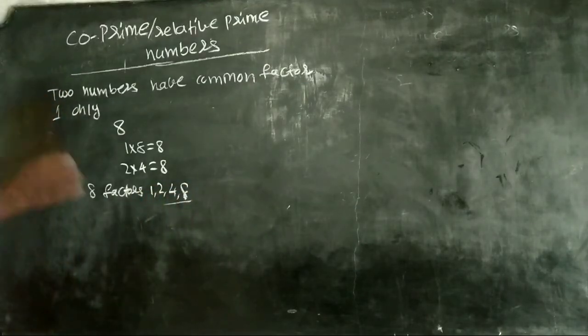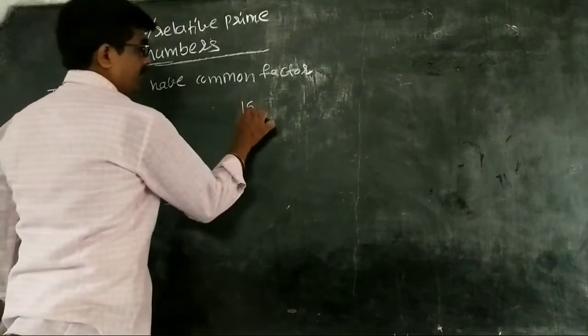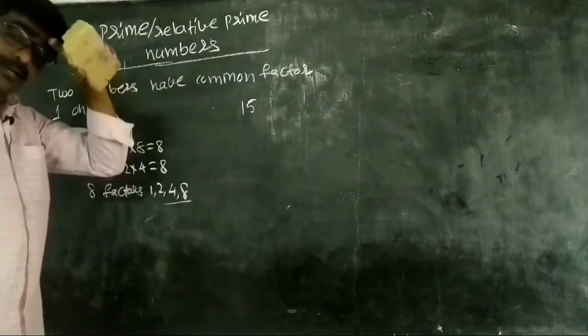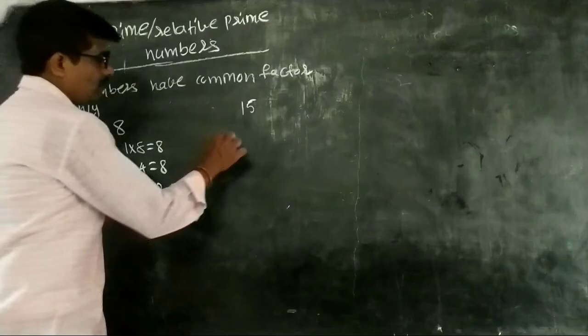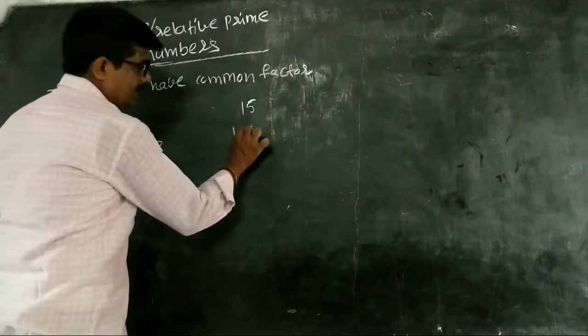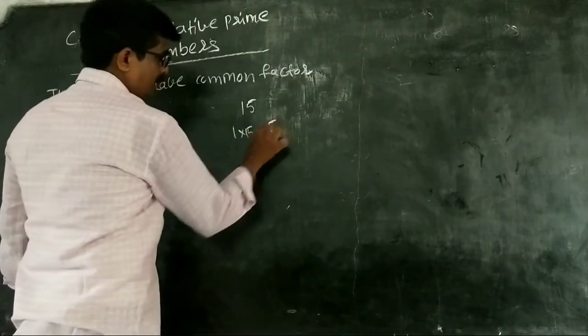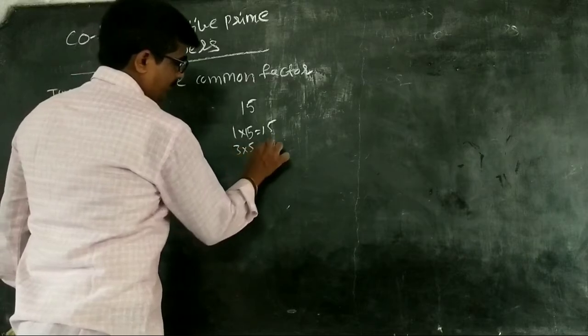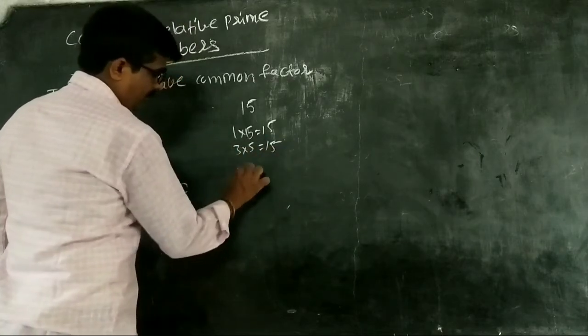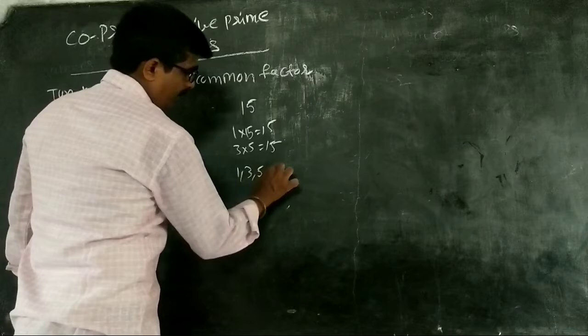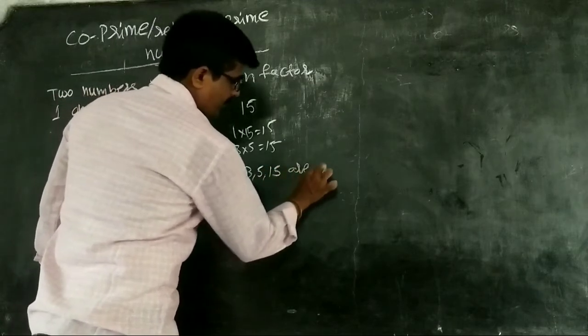Now take another number, 15. 1 times 15 is 15, 3 times 5 is 15. So 1, 3, 5 and 15 are the factors.